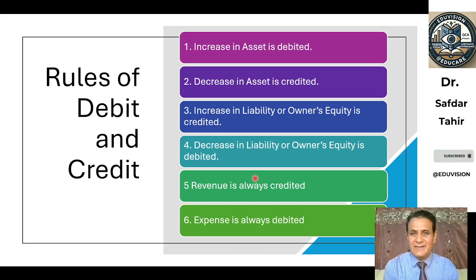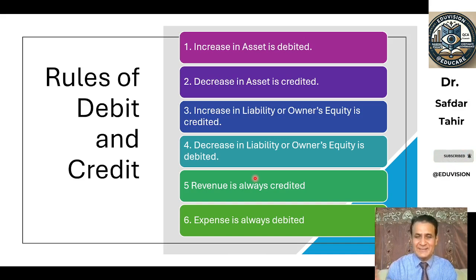We can easily extract the rules of debit and credit from these transactions. You can say this is very easy. This is the asset side of the accounting equation. Increase in asset is debited. Similarly, decrease in asset is credited.